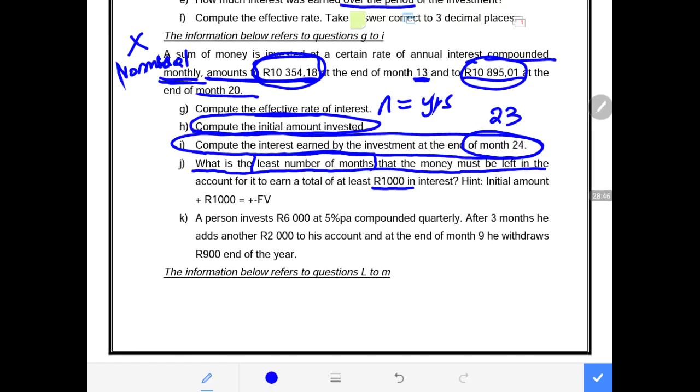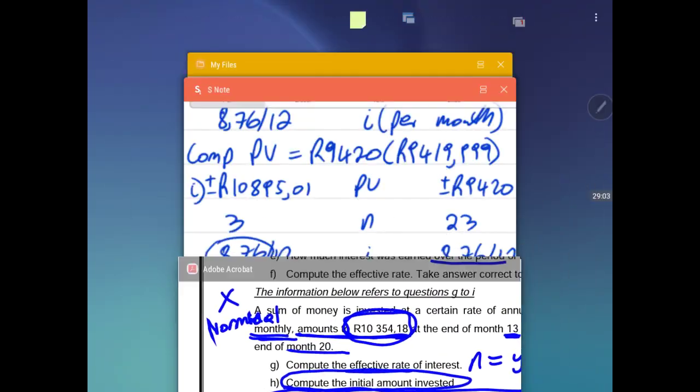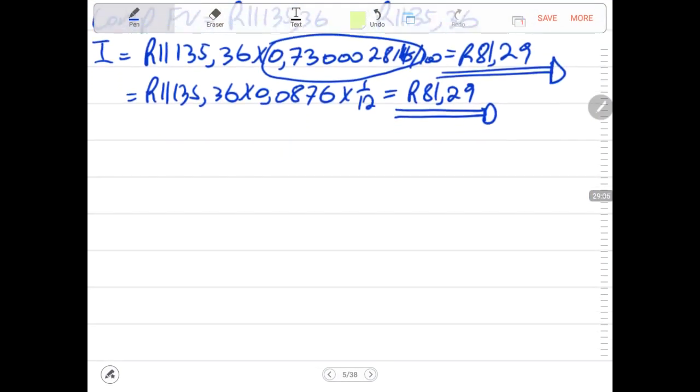They already telling us that the initial amount that was invested is 9,420 plus 1,000, which is the interest they want to earn. This will give us the future value, because amount invested plus interest is equal to future value. So now we have the present value, which is the amount that was invested.